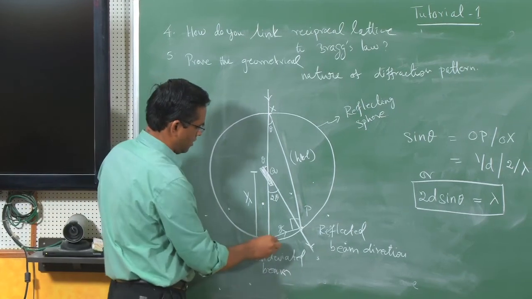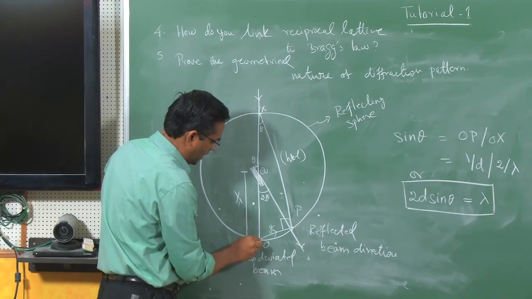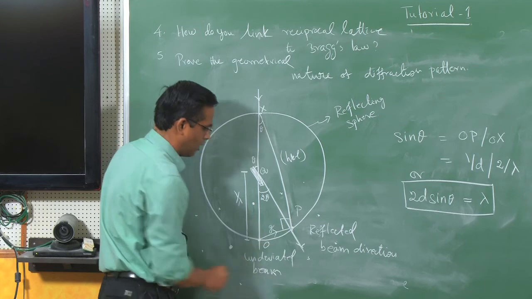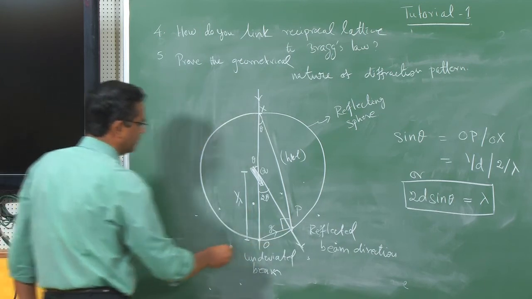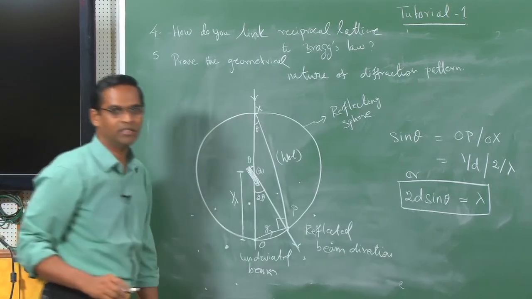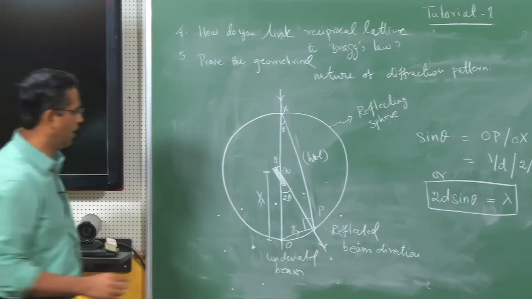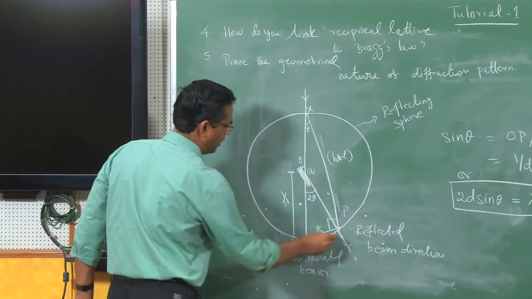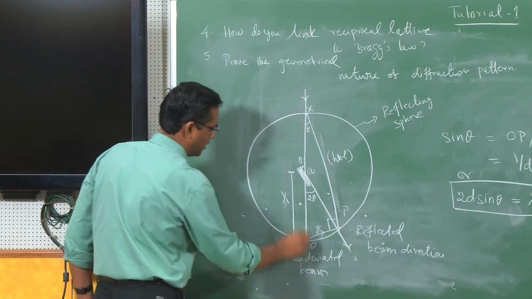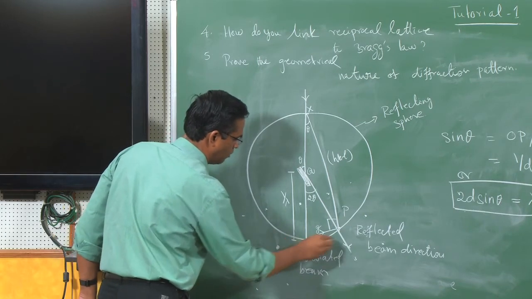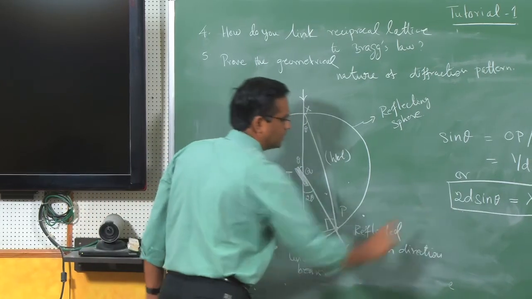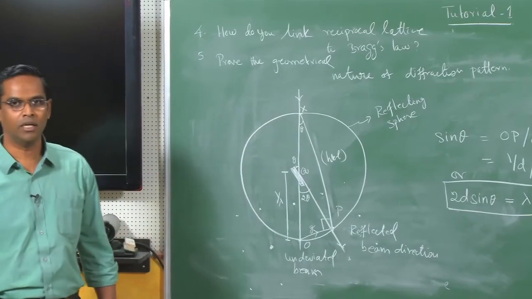When the Ewald sphere exactly cuts this reciprocal lattice point, not above or below, exactly cuts this reciprocal point, then this condition is satisfied, which is nothing but the Bragg law.